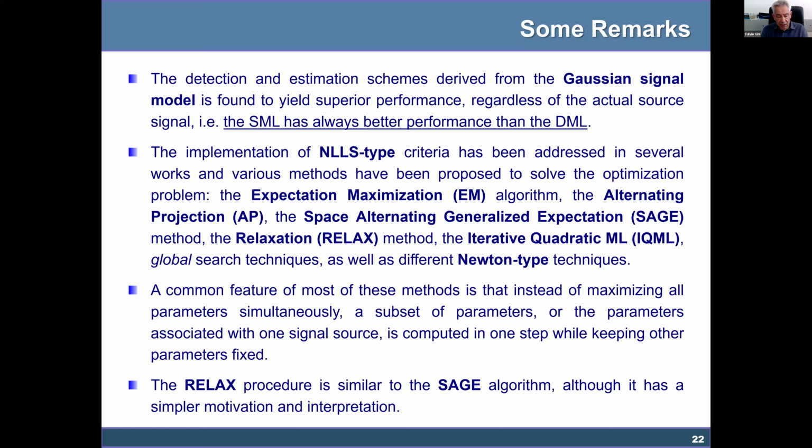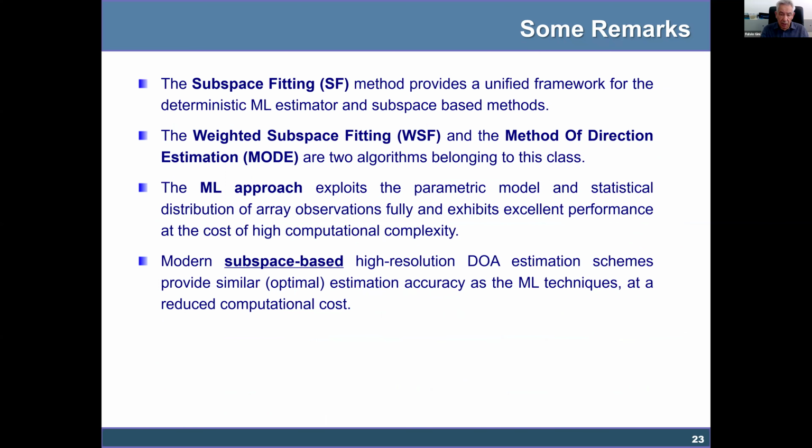Then we estimate the parameters of the second source, and so on. And we repeat this iteratively. Globally, the computational complexity is reduced, and most of these methods converge, if properly initialized, to the right solution. If you are curious, you can find more details about this method in the literature.